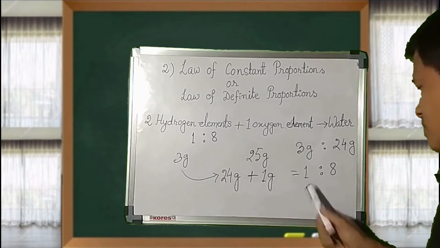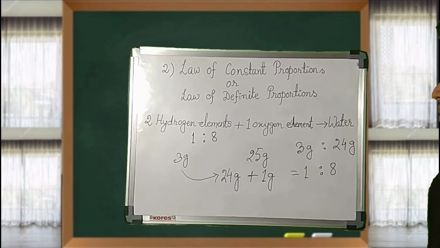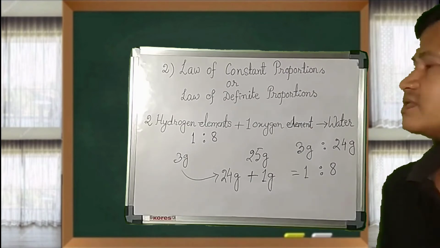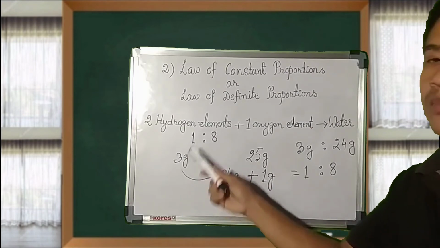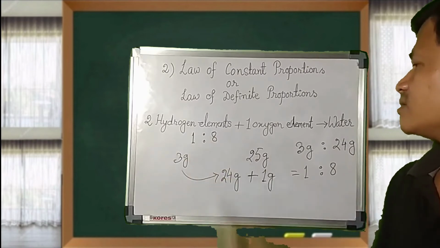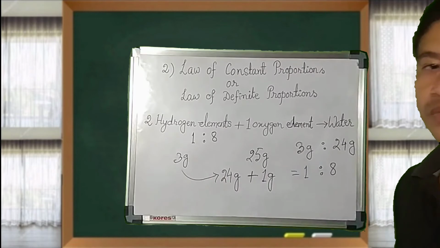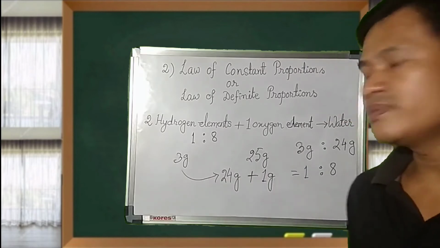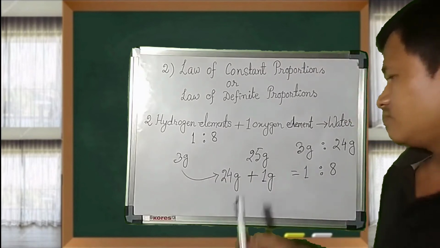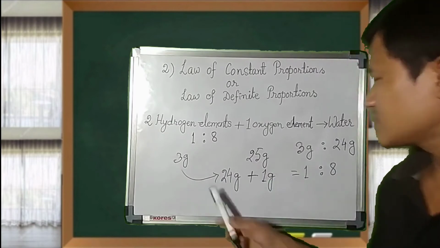Can you see? 1:8. That is why you can say that 1 gram of hydrogen can fully combine with 8 grams of oxygen without leaving any remains. Is that clear to you?